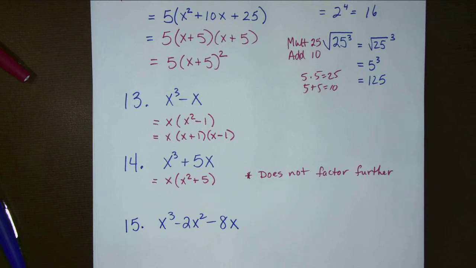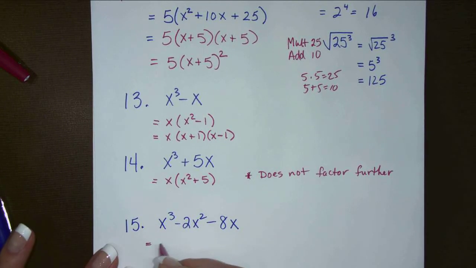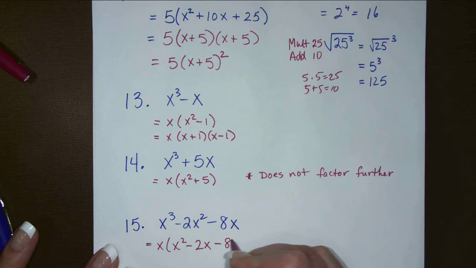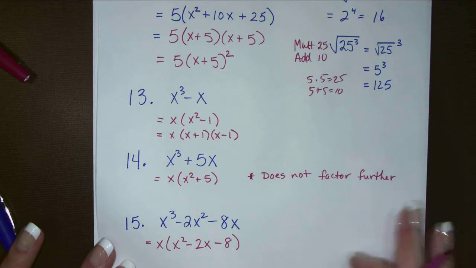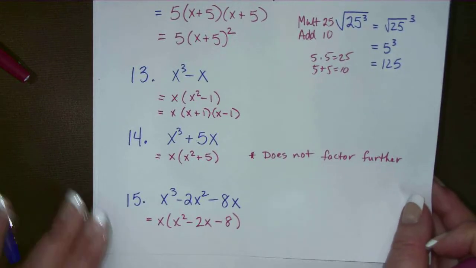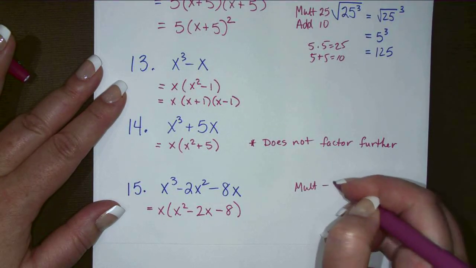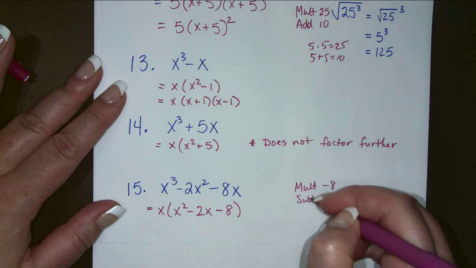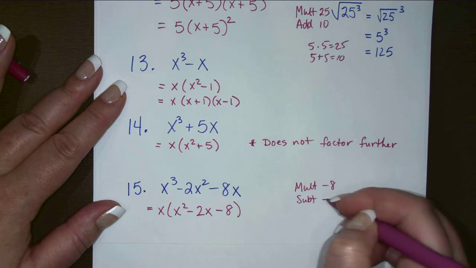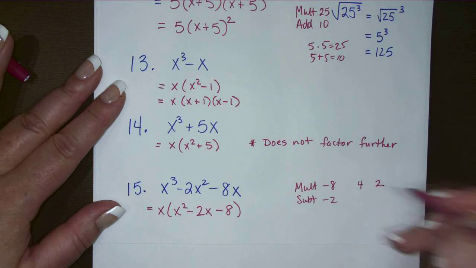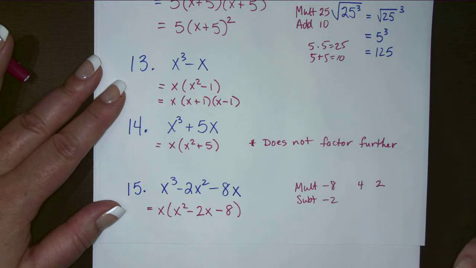What about this one? So x squared minus 2x minus 8. Either that factors or it doesn't. We want 2 numbers to multiply to give negative 8, and because that's negative, we're going to subtract to give negative 2. 8, 4, and 2? No, because what we're trying to do now is factor this part.